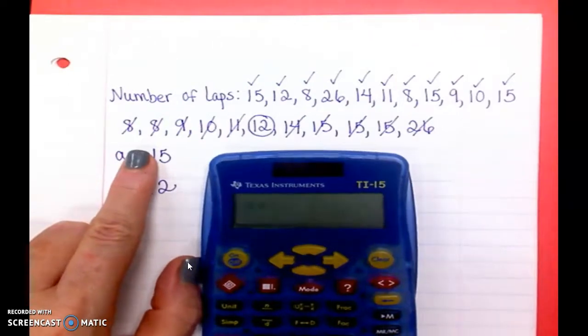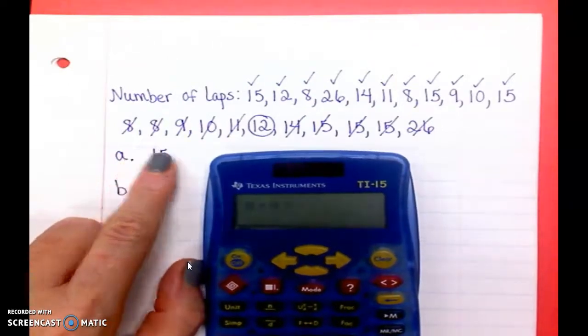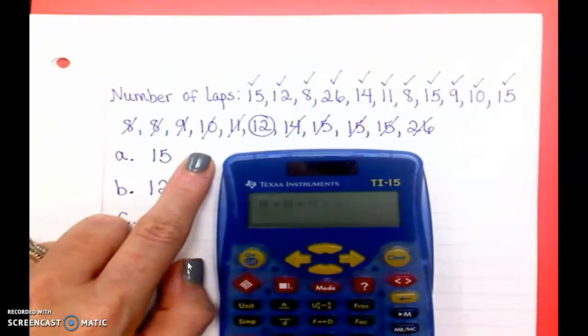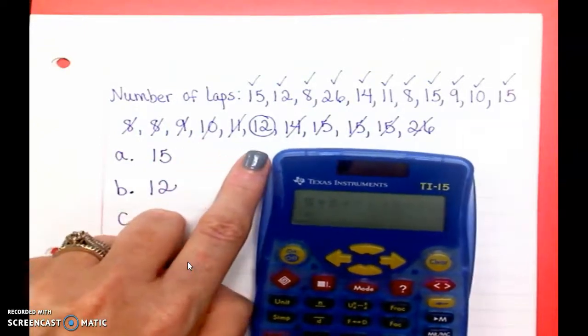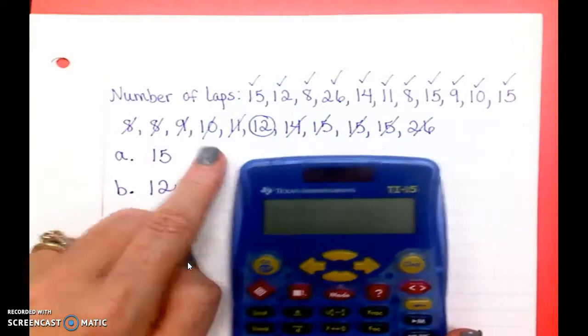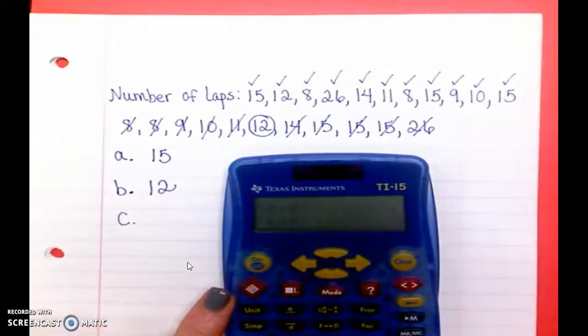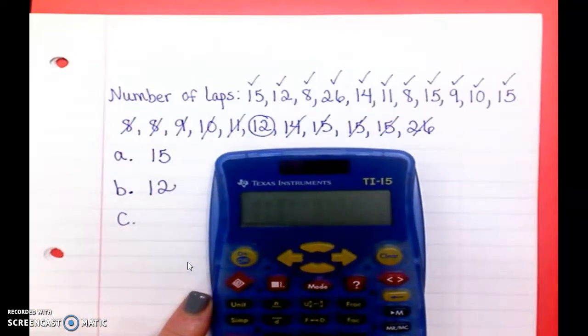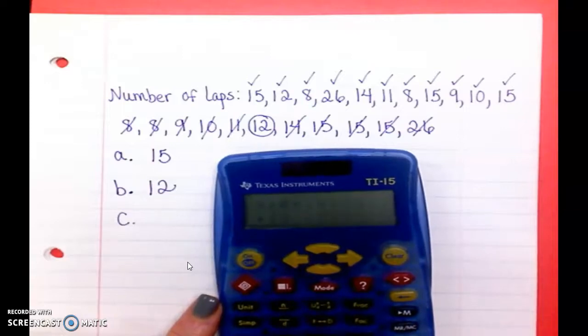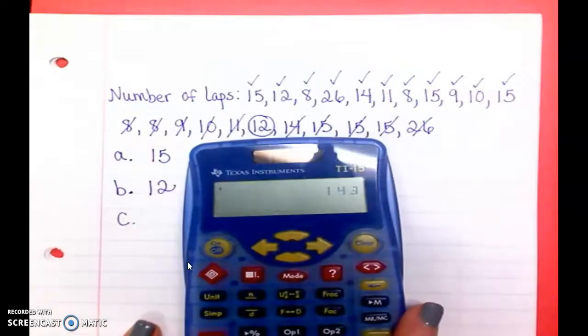So we have 8 plus 8 plus 9 plus 10 plus 11 plus 12 plus 14 plus 15 plus 15 plus 15 plus 26, and that's going to give us 143.